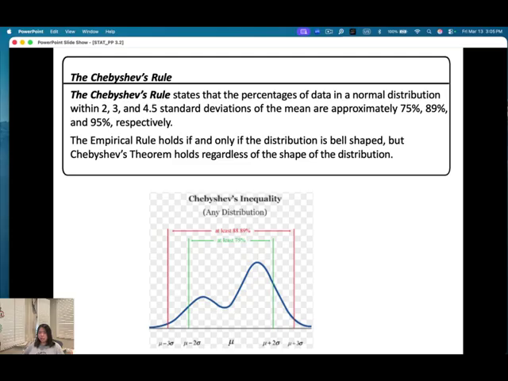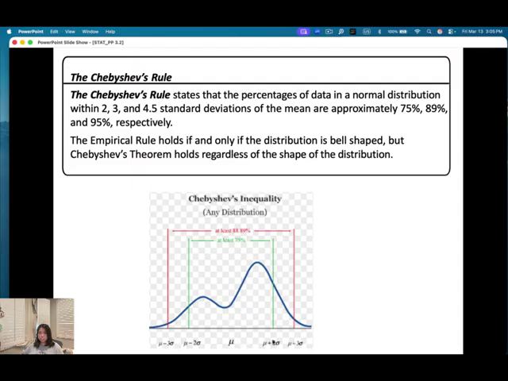The empirical rule only applies for the normal distribution, but Chebyshev's theorem can be applied to any shape of the distribution. So you could see this is not the normal distribution. But then we could tell that within 2 standard deviations, we do have at least 75% of the data here.